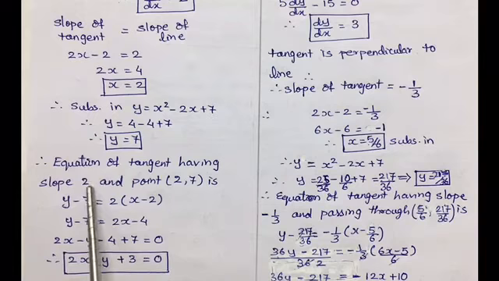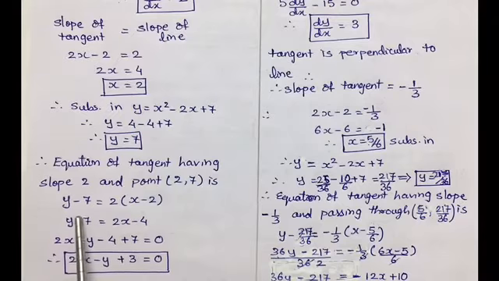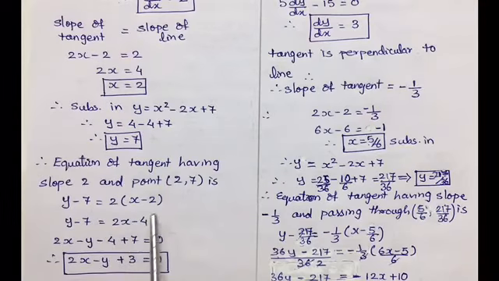So slope is known, point is known. Using the point slope formula, we get the equation of tangent as y minus 7 equal to 2 times (x minus 2).